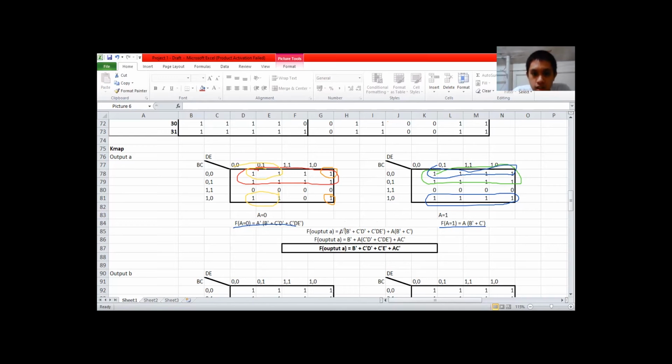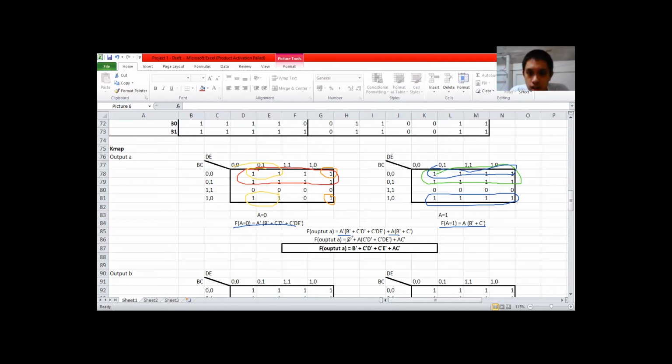So for instance, we have here A prime and B prime as well as A and B prime. Factoring out B prime, we will obtain B prime multiplied by A prime or A. But there is a property which states that A prime, which is ORed with A, will have a value of 1. Therefore, we are left with B prime.